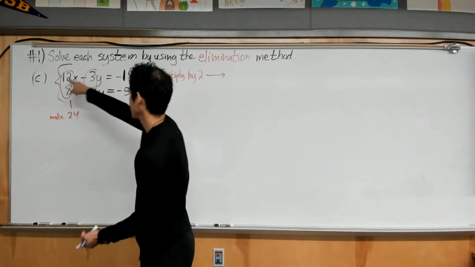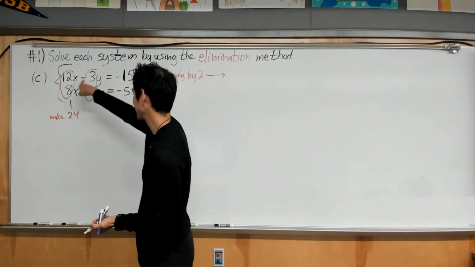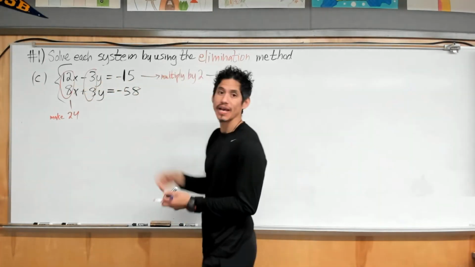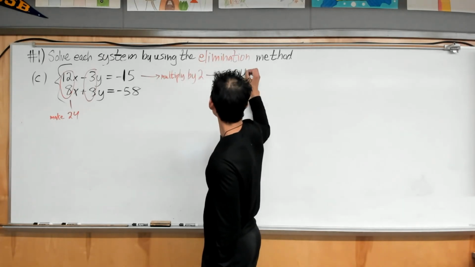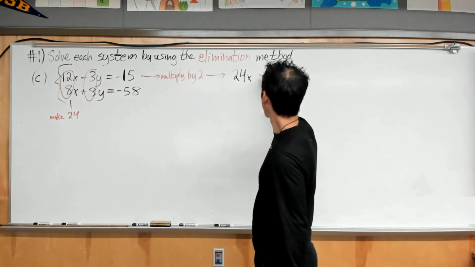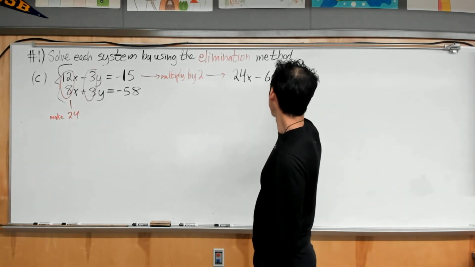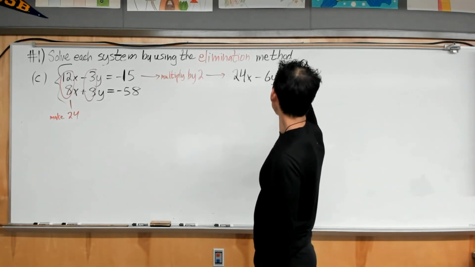So multiply everything by 2. So the 12x, the -3y, and the -15. So we'll get 24x minus 6y equals -30.